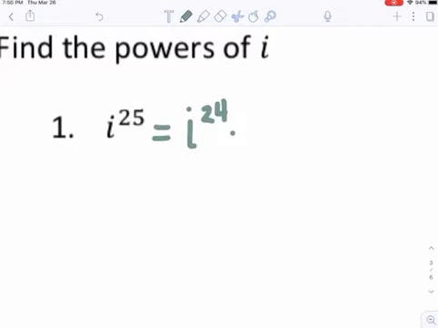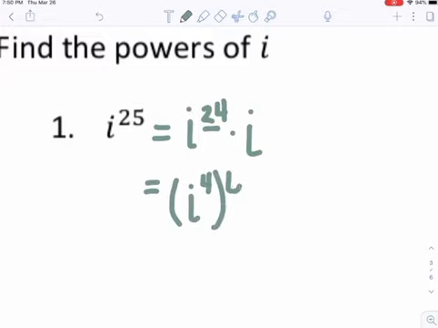So I can split up i to the 25th into i to the 24th times i. I'm going to use the fact that i to the 4th power is equal to 1 to help me simplify this further. I'm going to divide 24 by 4. Obviously that's 6. So I'm going to turn this into i to the 4th to the 6th power, right? I'm applying the power rule of exponents: if you have an exponent outside of parentheses, you multiply those two together and you get i to the 24th.